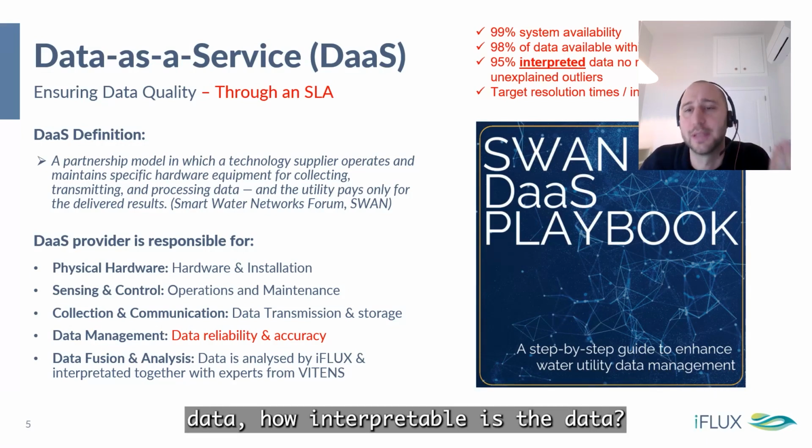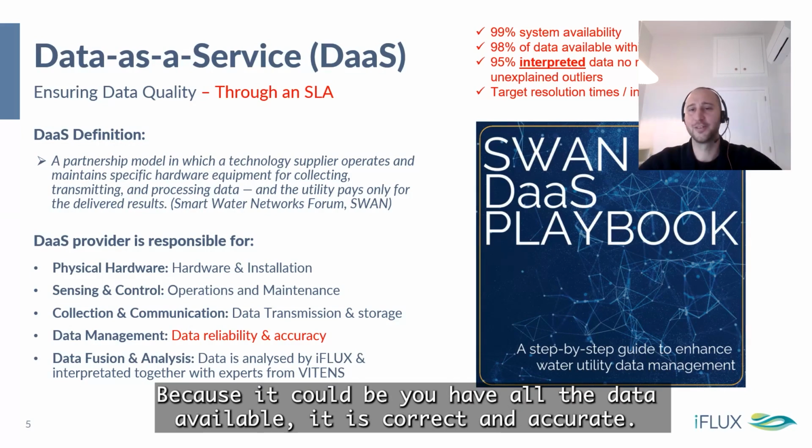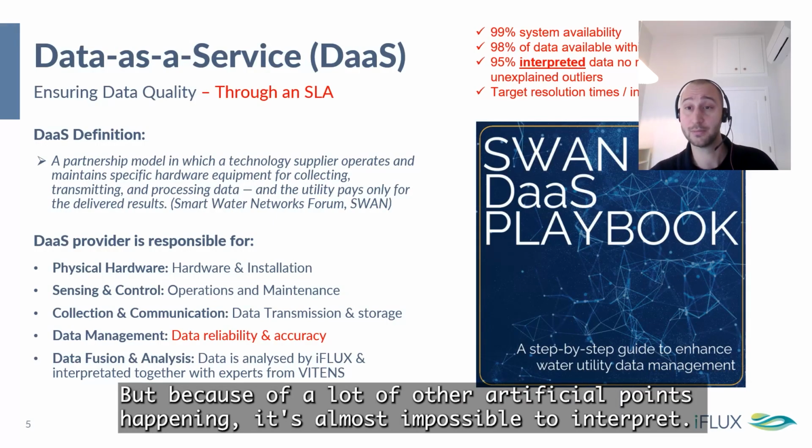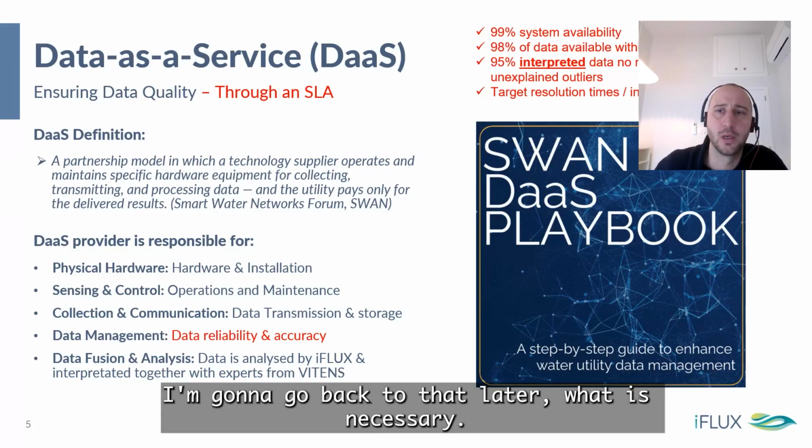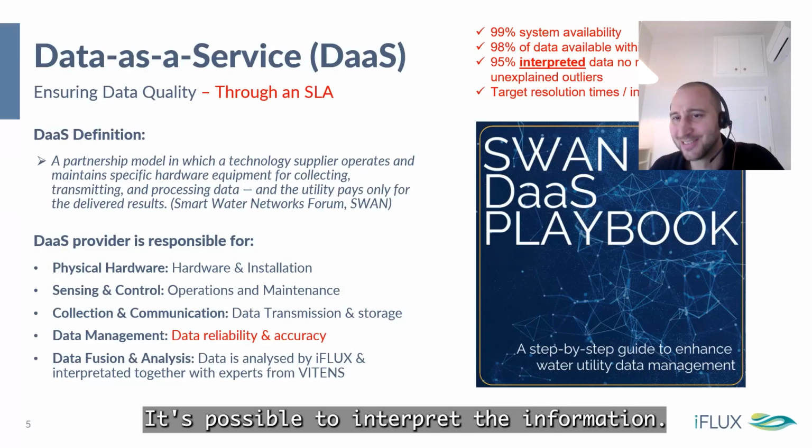How interpretable is the data? Because it could be that you have all the data available, it is correct and accurate, but because of a lot of other artificial points happening, it's almost impossible to interpret them. I'm going to come back to that later, what is necessary to make it possible to interpret the information.